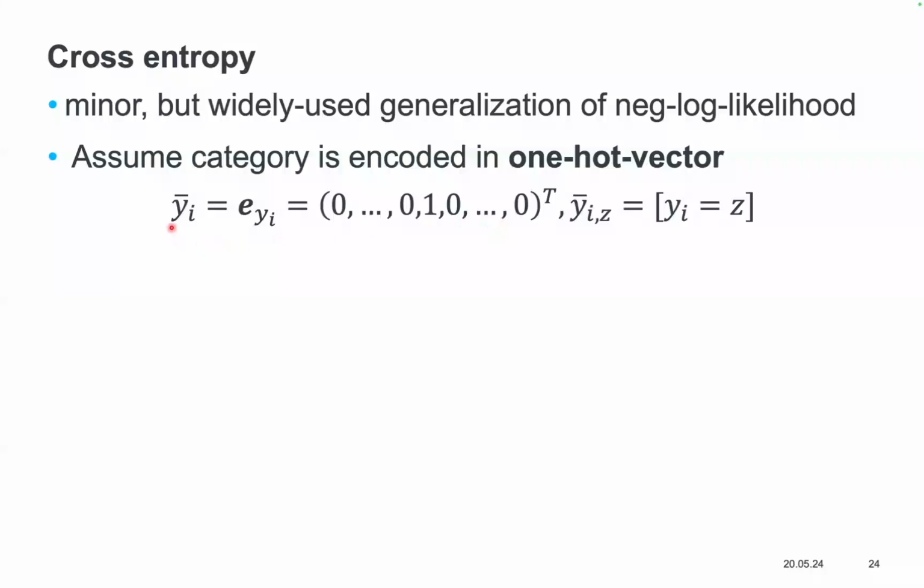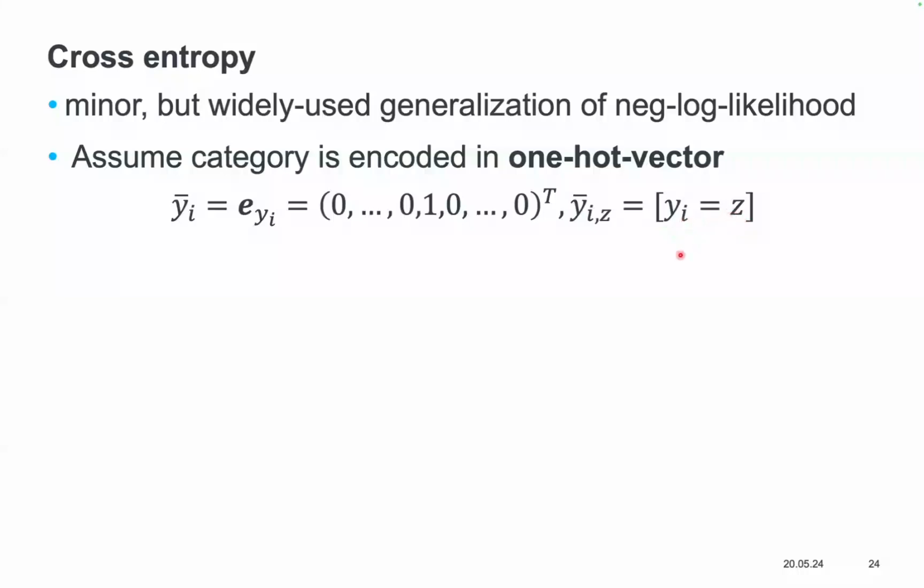Okay, so we have a one-hot vector describing that the ith data point, for example, in the 4th position, has a 1 describing that this data point has a category of 4 that should be predicted. And one way to describe this also is to say that the z-th component of this y_i is exactly the test whether y_i equals z.